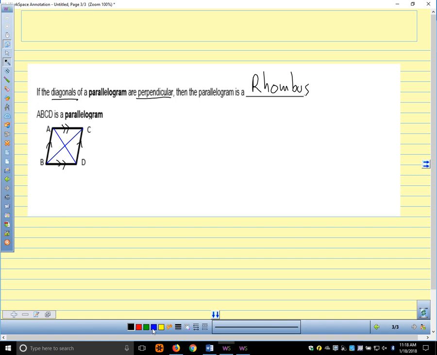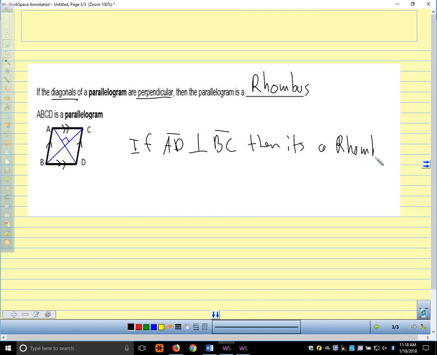So I'm going to make that a 90-degree angle. That guarantees us that this is a rhombus. So I'm going to say if segment AD is perpendicular to segment BC, then it's a rhombus. All right, questions?